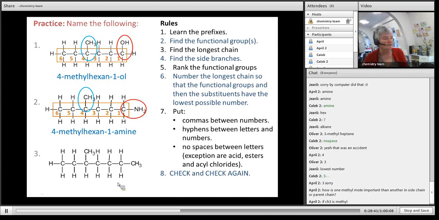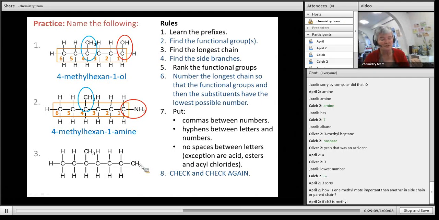If, however, this hydrogen over here was a methyl as well, then it doesn't matter, because it would be 1, 2, 3, 4, 5, or 1, 2, 3, 4, 5. But if this one was a methyl as well, then it would be 1, 2, and then you'd number it from the right going to left.